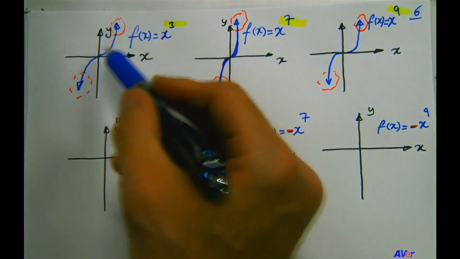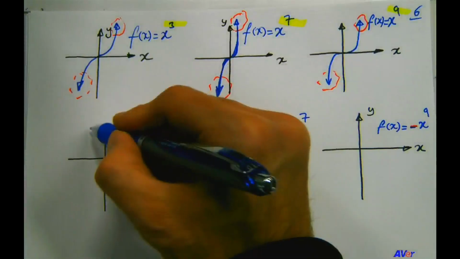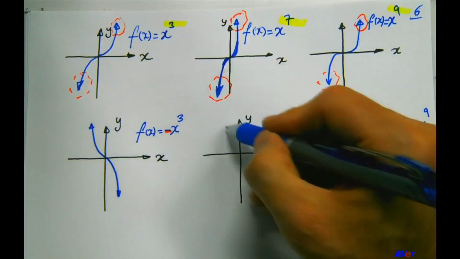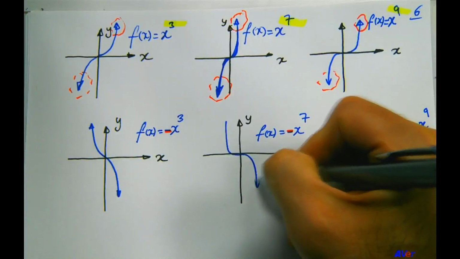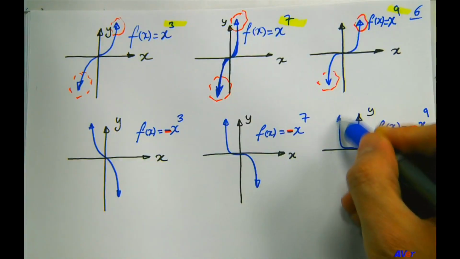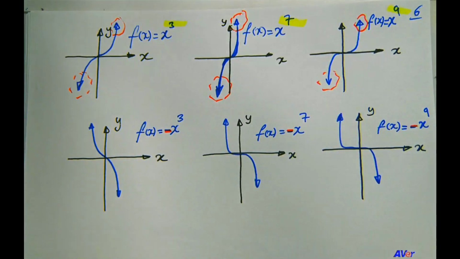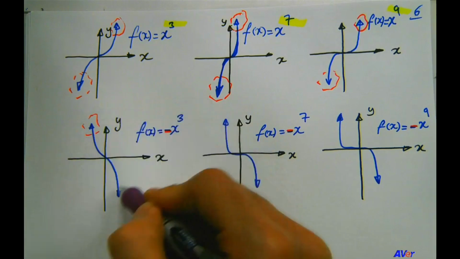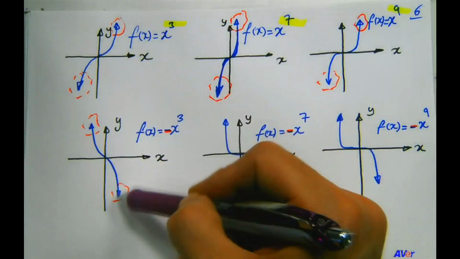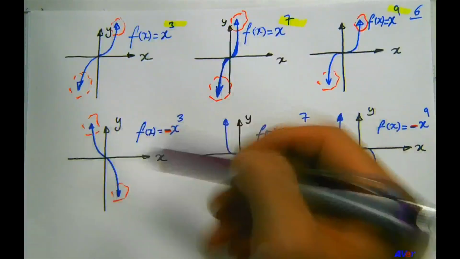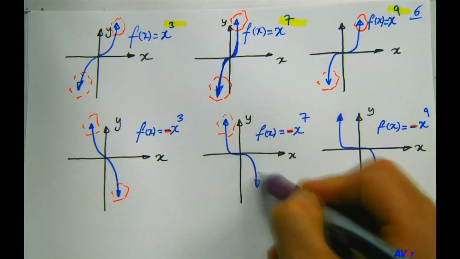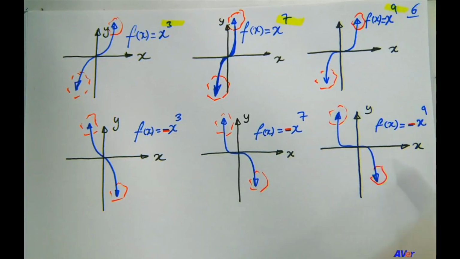So what happens to the graph? Well, the graph flips the other way, like that, and like that, and like this. Okay? Notice the end behavior, though, didn't really change. I mean, one side points up, the other side points down. So the end points always point in the opposite direction. The same way here, the same way here, same way here, same way here. Okay?